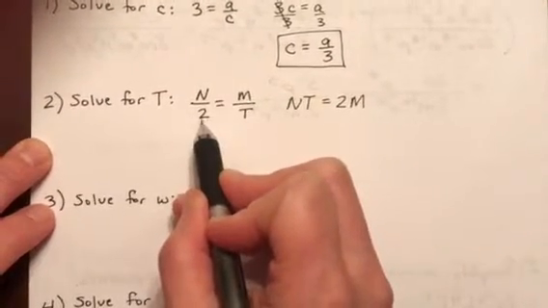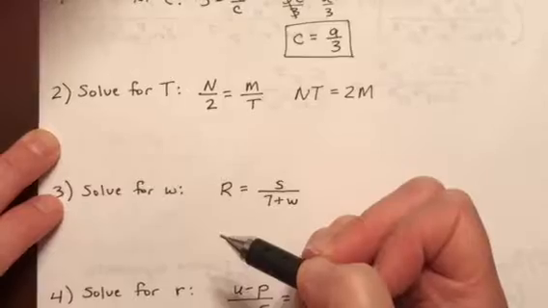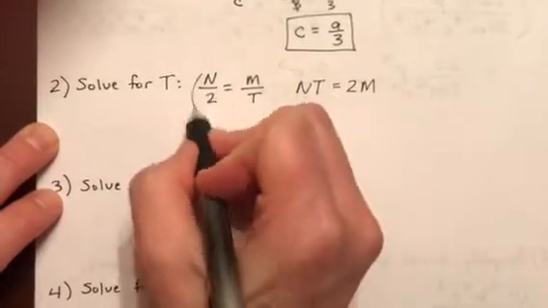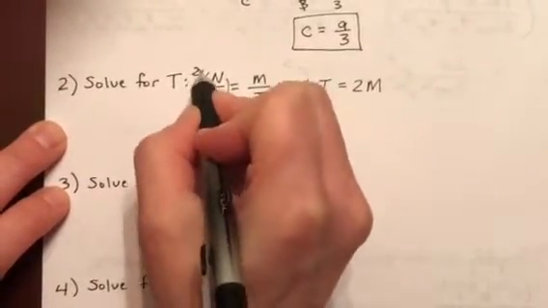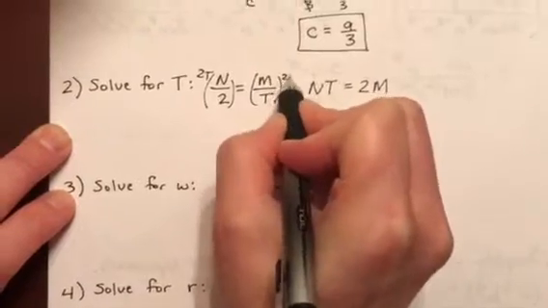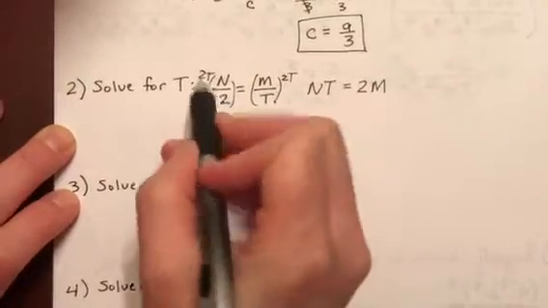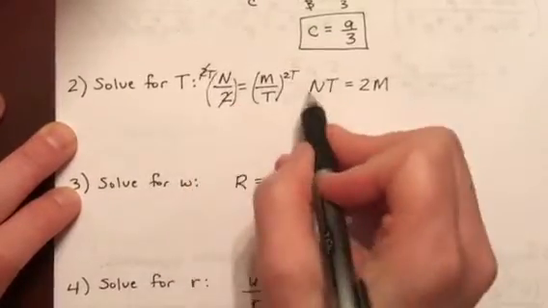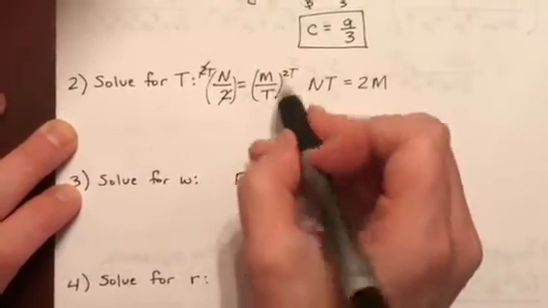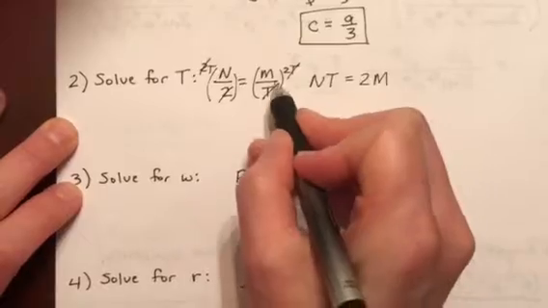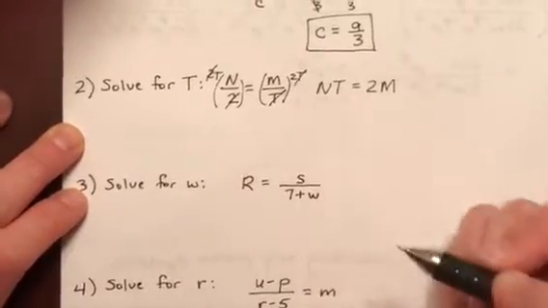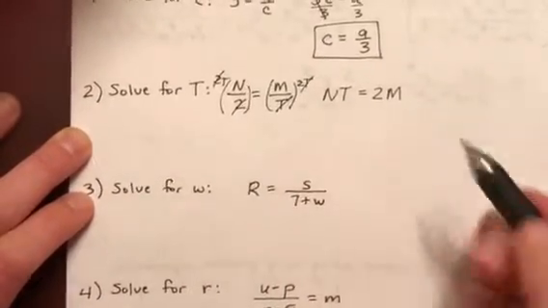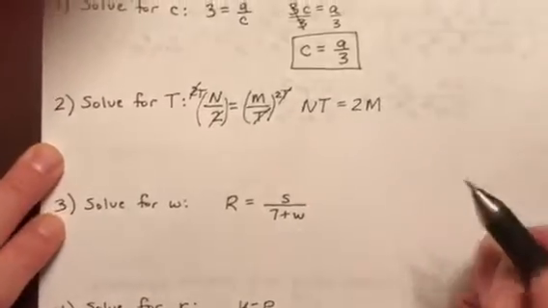And so 2 and t both have to be in that denominator. So if we multiplied on the left side by 2t, and we multiplied on the right side by 2t, on the left side the 2's would cancel, leaving tn or nt. On the right side the t's would cancel, leaving m times 2 or 2m. So cross multiplying is just a quick way to do that.